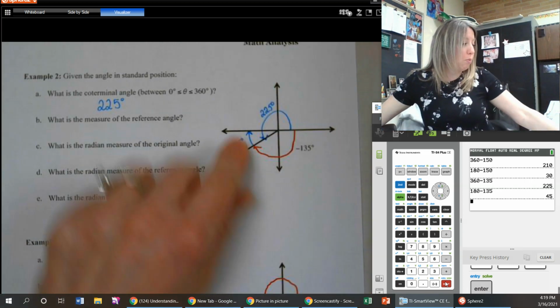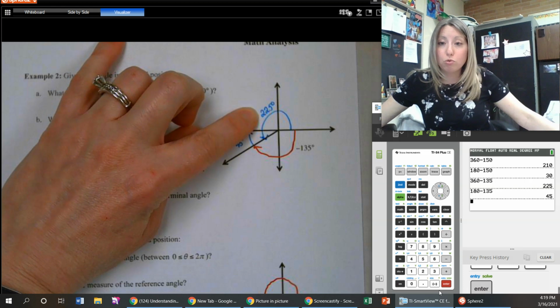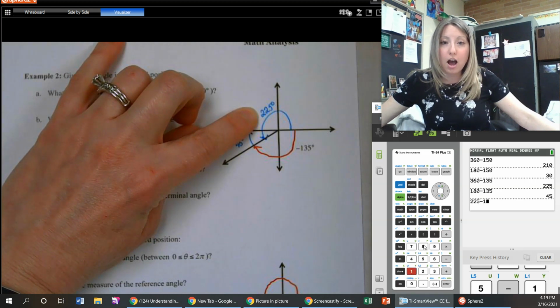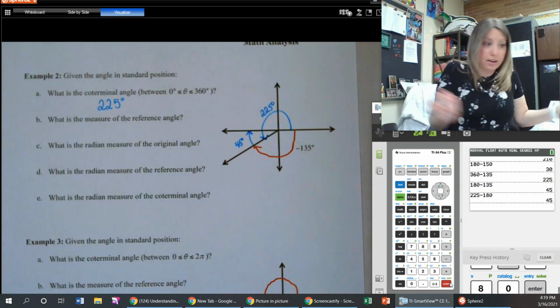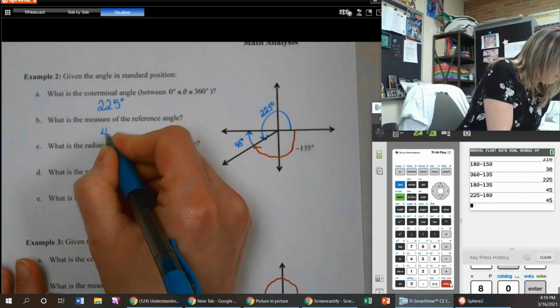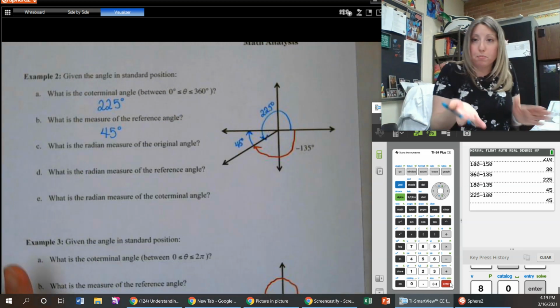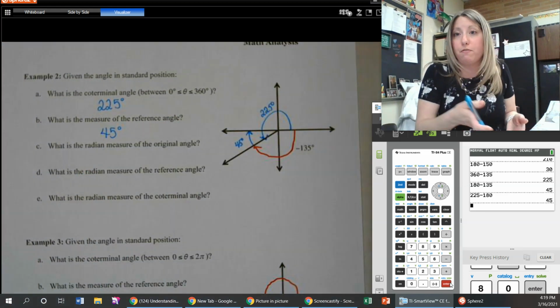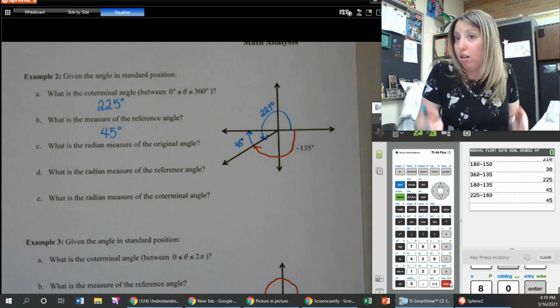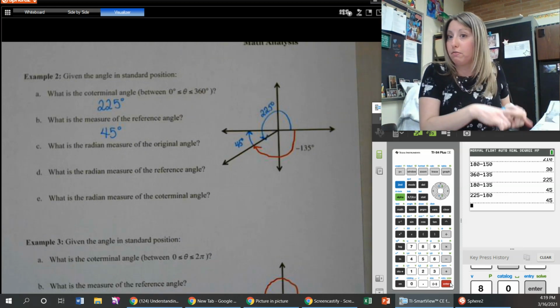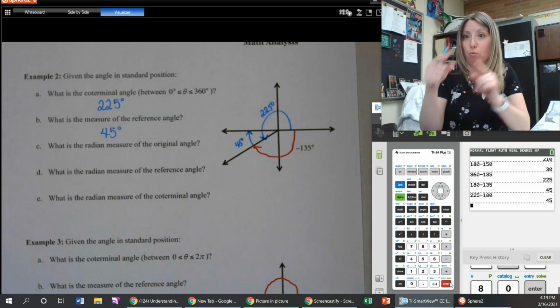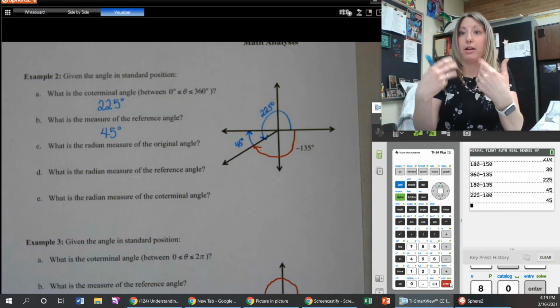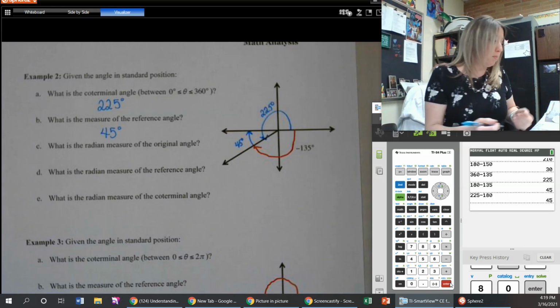Or I could say I know my full angle is 225. If I take that and subtract 180, I get back to the x-axis. So either way, my reference angle is 45 degrees. And again, we know the proportions of the sides in a 45-45-90 right triangle. That's why that's important for us to know. We're going to use that angle to help us with the sides by creating right triangles. It's going to be pretty neat.